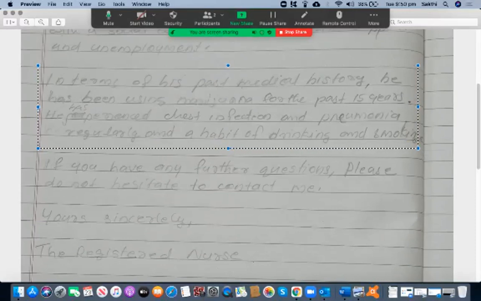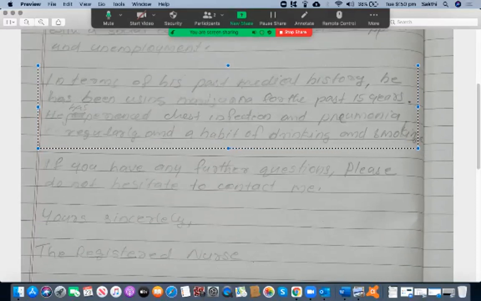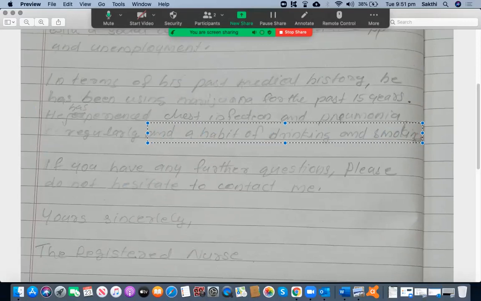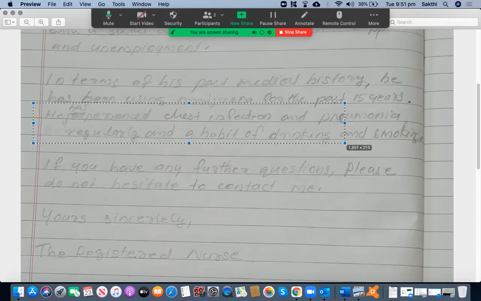He has experienced chest infection and pneumonia regularly, and a habit of drinking and smoking. Why are you writing and a habit of drinking and smoking? You should have mentioned it in a separate sentence. Or and he has a habit of drinking and smoking. You can't use and a habit of something.